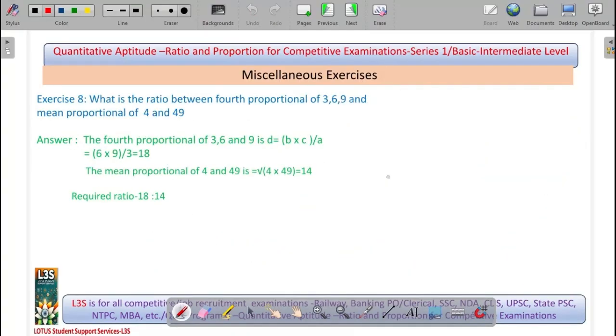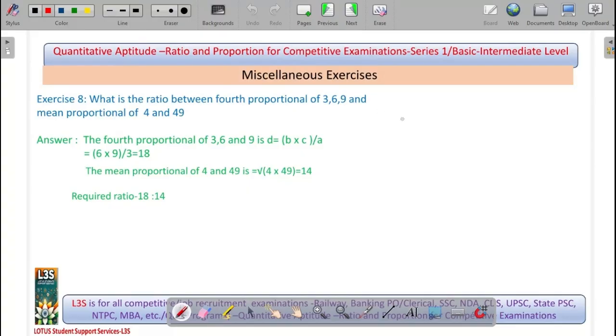Next question. What is the ratio between the fourth proportional of 3, 6, 9 and the mean proportional of 4 and 49? The fourth proportional, we know the formula already studied.